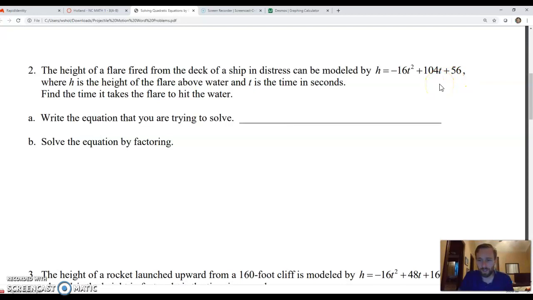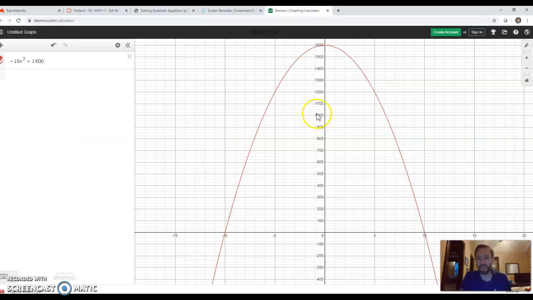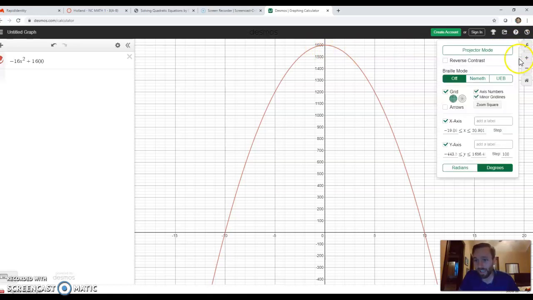I'm going to go to Desmos for just a second and show you some things. If I wanted to graph this on Desmos, I want to talk about how we can use Desmos to change our y-intercept. You'll notice that on this one, the y-axis goes to 1600. The way that I made that happen is I went to the little wrench on the right side and changed my y-axis to go up to 16 something and down to like 1,400 something.